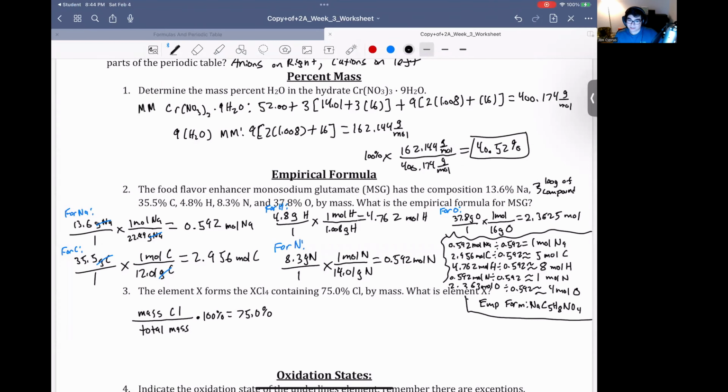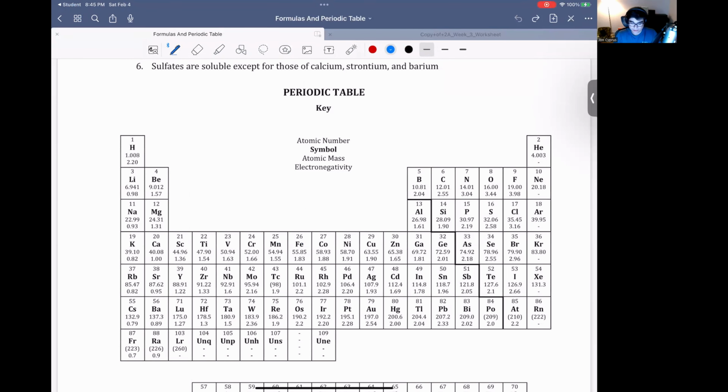They tell us what the formula is. They tell us that it's XCl4. So the mass of chlorine is just the chlorine mass times 4. There's 4 of them, 35.45 times 4. This is 141.8 grams per mole. Again, there's 4 chlorines. So, and maybe I should label this a bit better.